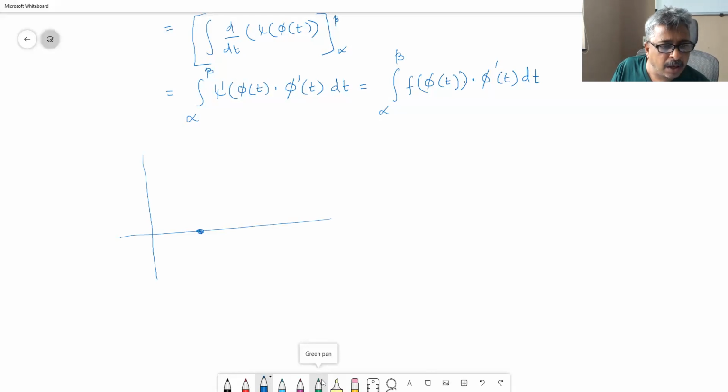A and B are two good points, finite points on the x-axis, and the function is also very well behaved between A and B. So whatever definition or theorem we have written or proved is for this situation where everything is good: A is good, B is good, f of A and f of B are good, and the function is well behaved between closed interval A and B.